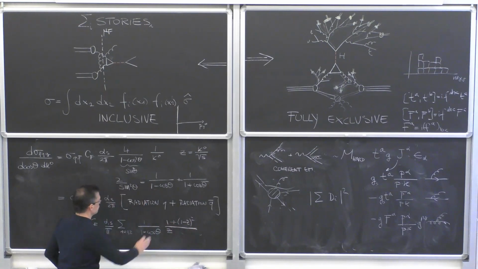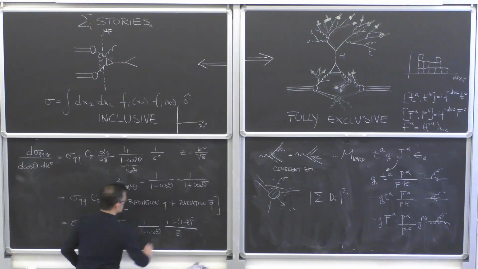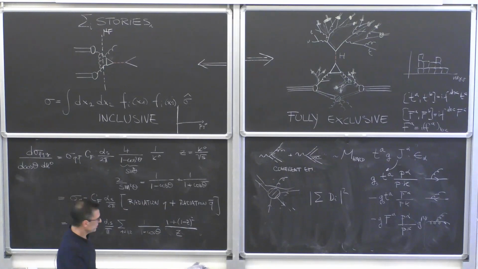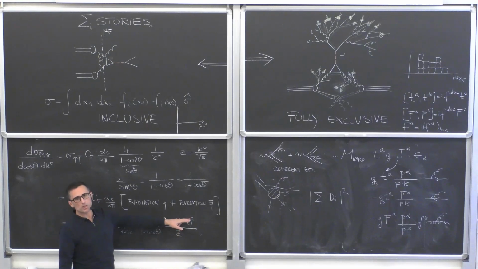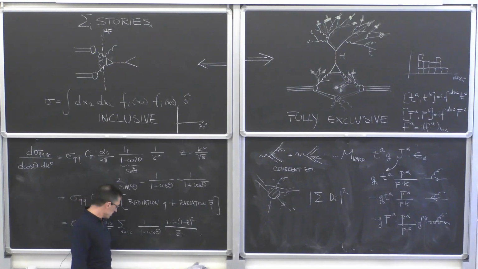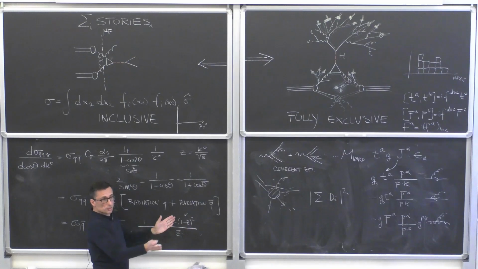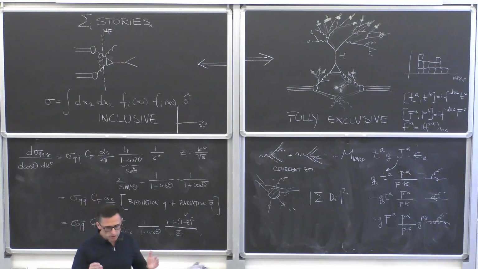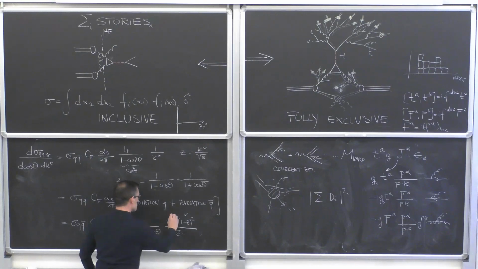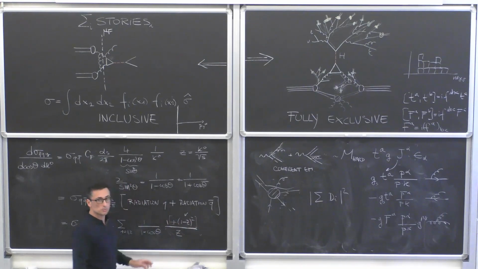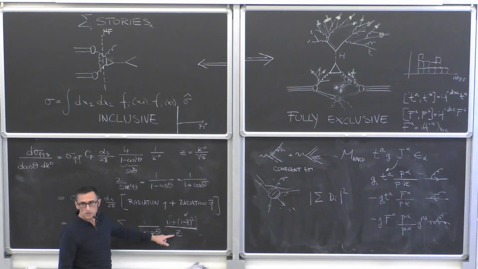So remember that this was the soft limit, so there might be a polynomial in the numerator. I'm only getting the 1 over Z term from this computation. So I'm cheating and telling you that there is another piece, which is here, and this piece is from the non-soft part. If I did the collinear approximation, I would also get this piece here. I didn't get it from a computation, I only got 1 over Z because it was soft.